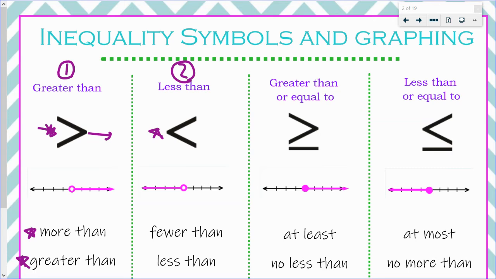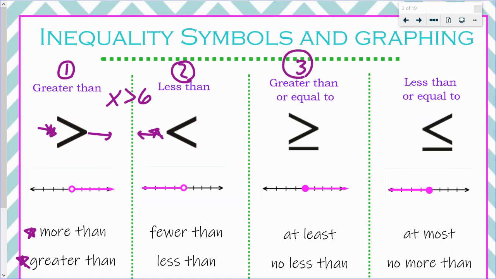That's the way you shade. Less than, the point's going that way. That's the way you shade. And that's only if your variable comes first, like x is greater than 6. It would not apply if it's like 7 is less than x. You'd always have to flip that, which we'll talk about as we go forward.